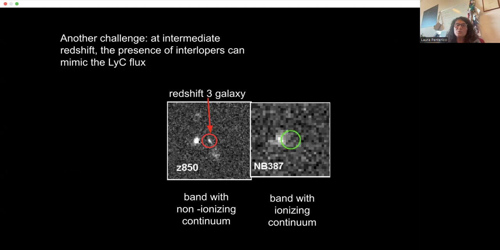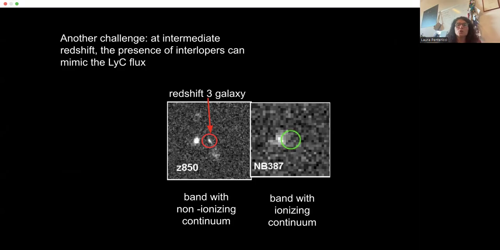So, of course, these observations, at least the Z band, are done with HST, with high spatial resolution. But imagine that these observations were done with poorer spatial resolution. You would confuse the galaxies, and then you would think, oh wow, there is a lot of ionizing continuum. This source has a big escape of Lyman continuum radiation, but no, it's not true.